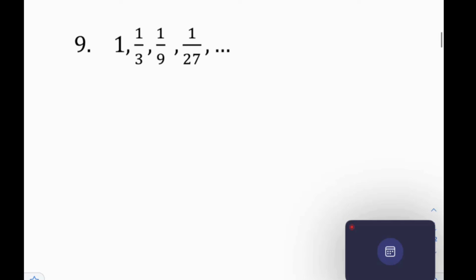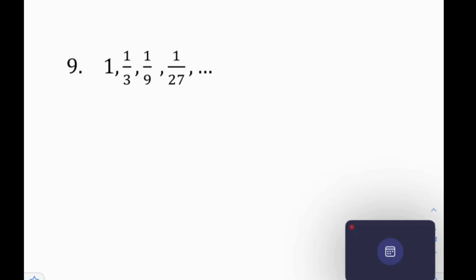Let's see this one. We can see that here the next term is multiplying by 1 over 3, or you can say dividing by 3, or we can say that each term is 1/3 of the previous term. So we can write it in any way you can see it's making sense.